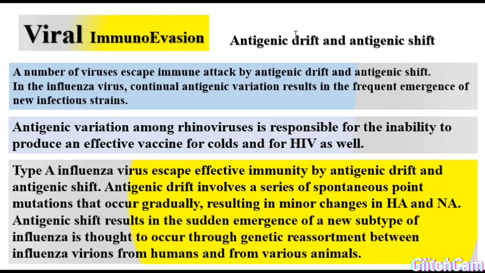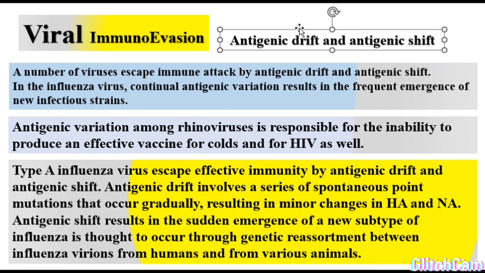So also one of the most famous and effective ways for the virus to evade or to escape effective immune responses is known as antigenic drift and antigenic shift. And as you know, if we go deep in the virus and speak about the virus genome, the genome is formed of blocks.